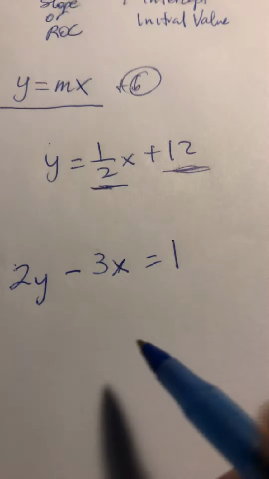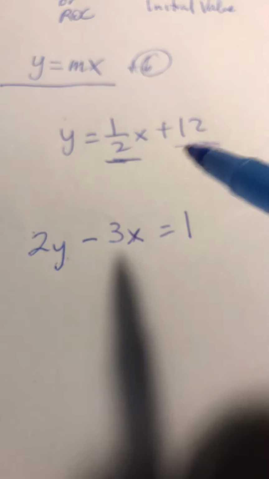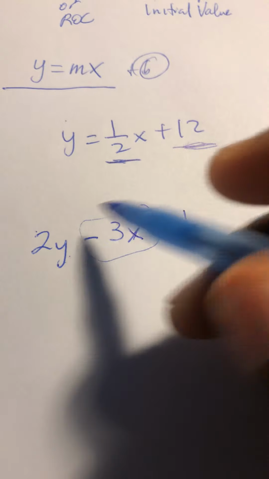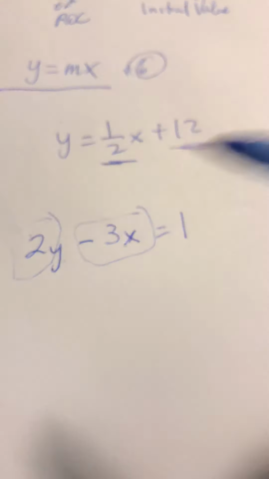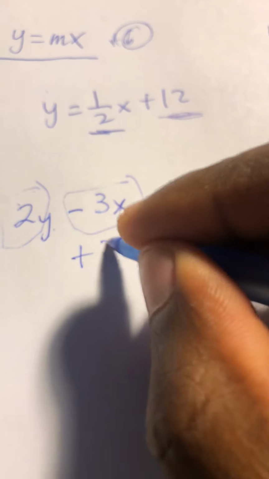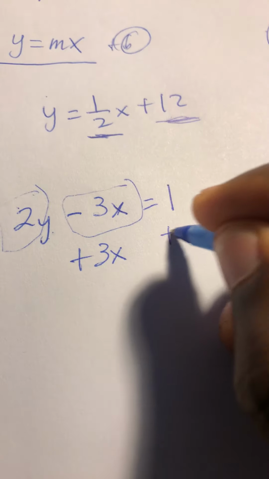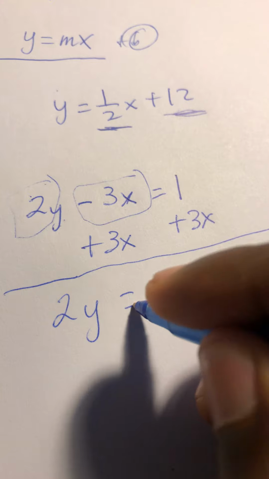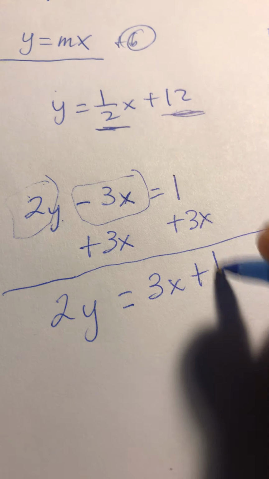There's two things with this y on this left side. I'm going to get rid of this minus 3x first by adding 3x. Whatever I do to one side, I have to do to the other side. So I have 2y equals 3x plus 1.